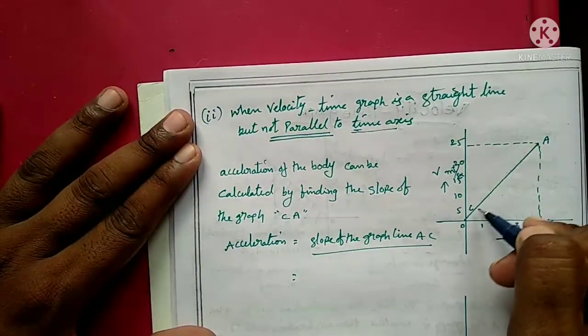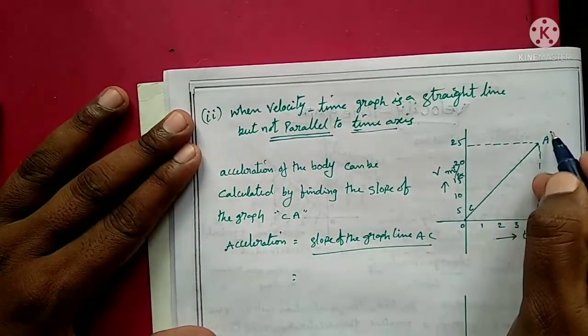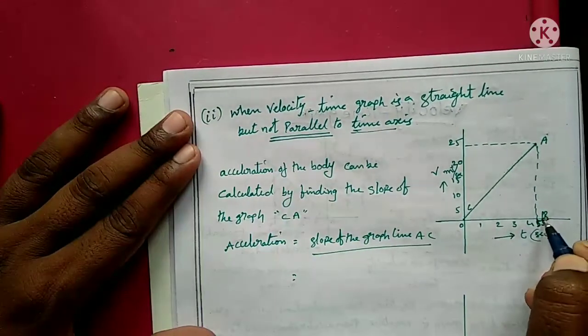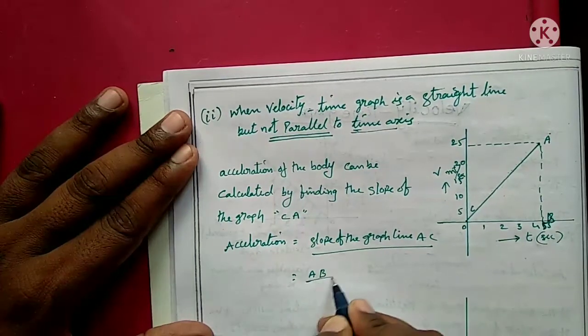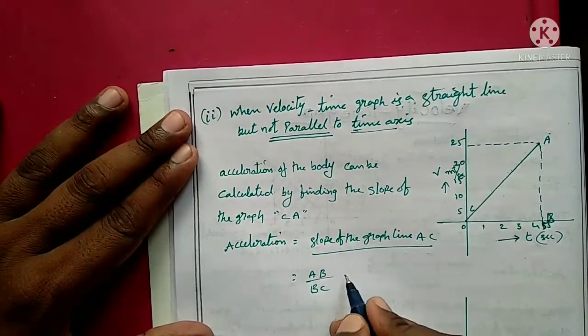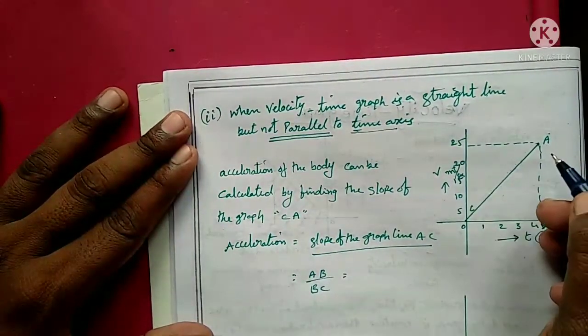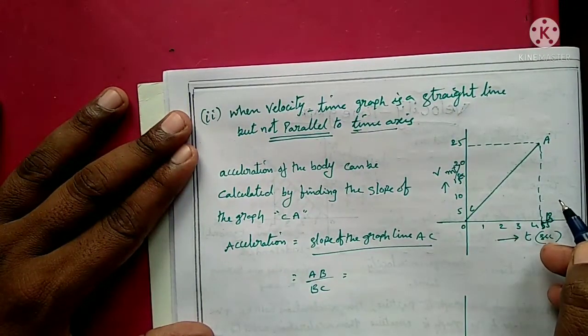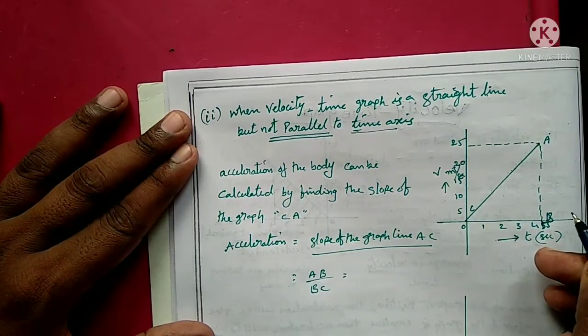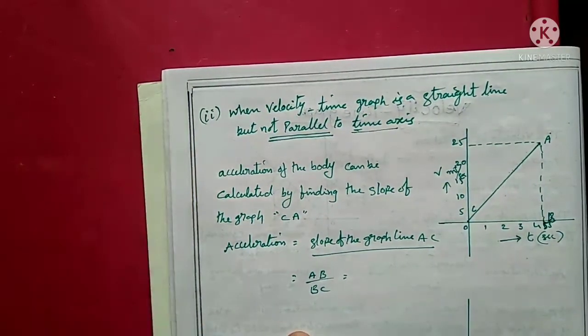So how do we calculate the slope of the graph line? For example, take A, C, and this is the letter B. Now slope is AB by BC. AB, for assumption, is in meter per second.